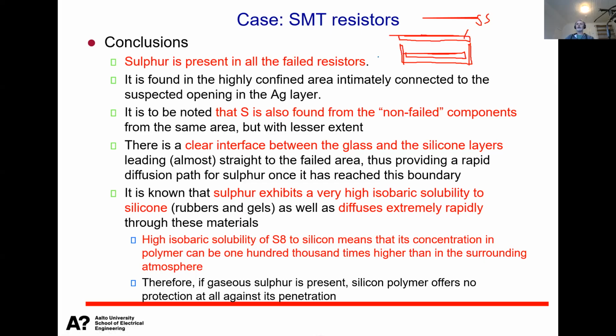In order to protect the electronics, even though they had the conformal coating covering the whole board like this, they used rubber sealing here, an O-ring type of sealing.